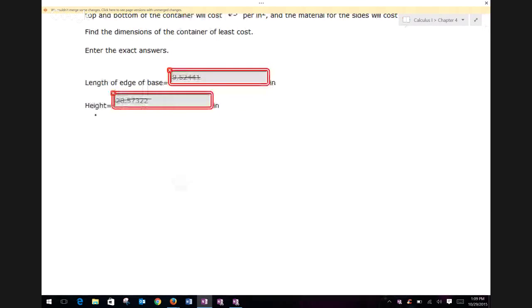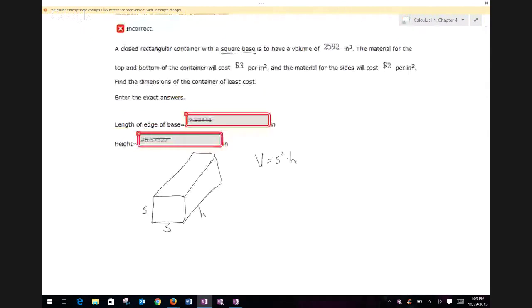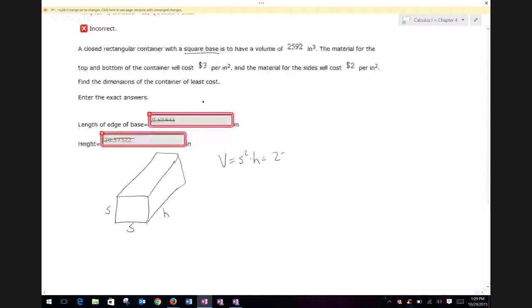So if I come in here, I have a square base, it doesn't look very square, in a rectangular container. So this is S by S with some height H on it. So the volume is S squared times H. There's our volume function, and that's going to equal 2592.